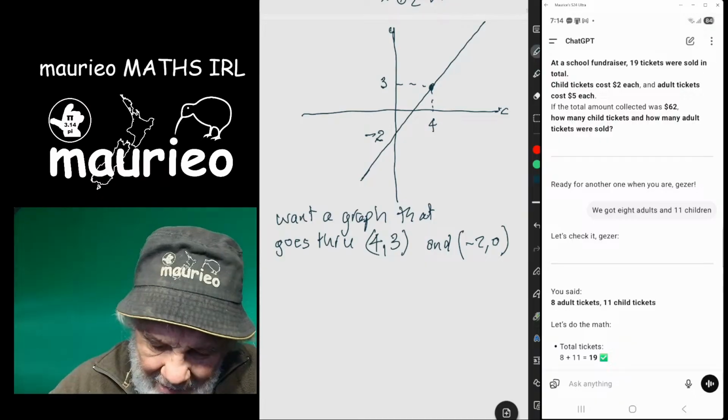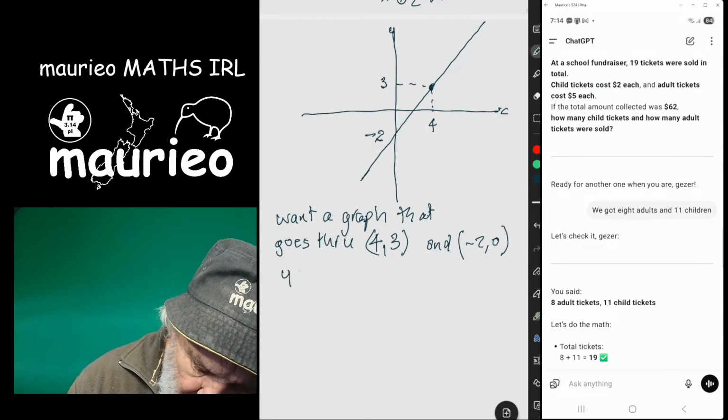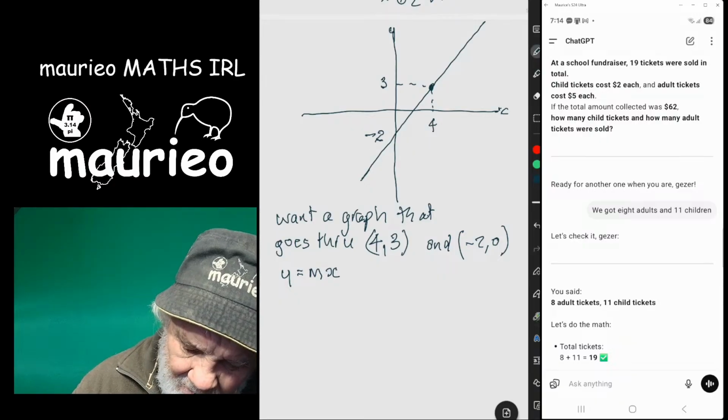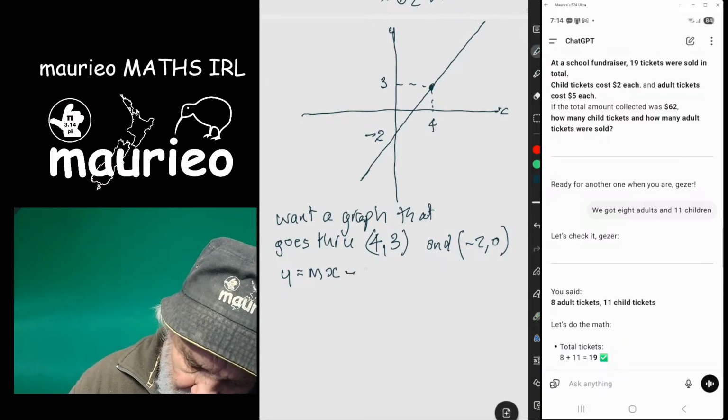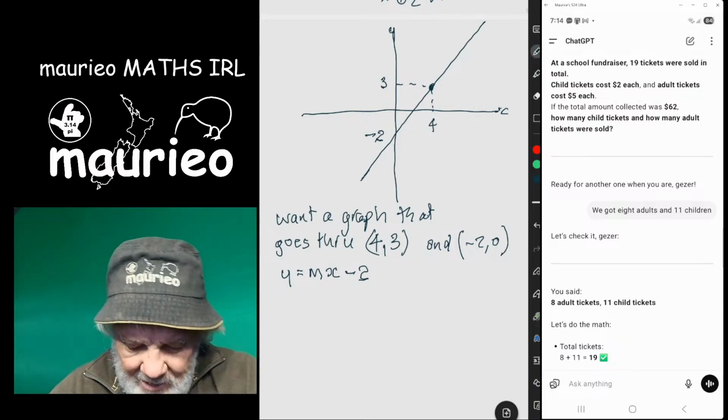Okay, so our graph is going to be y equals mx minus 2. That's what our graph is going to be. We know that our y-intercept is there.